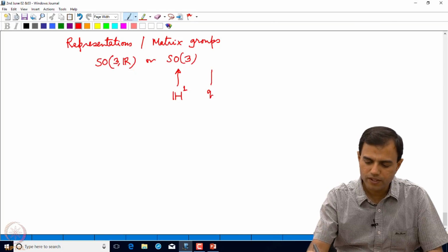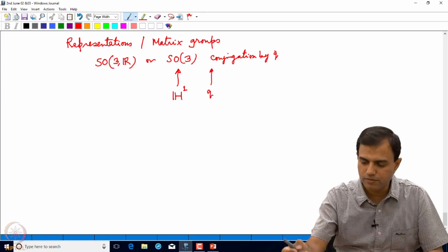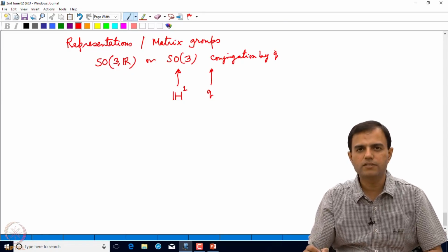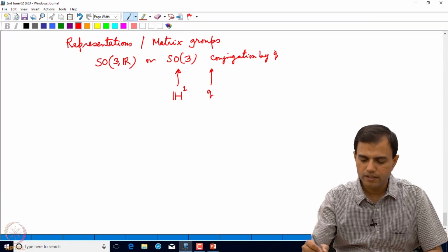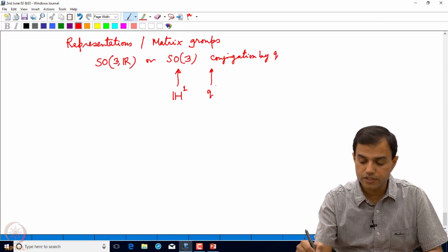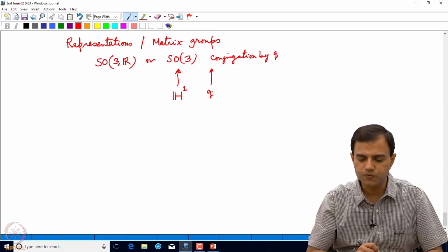Whenever I have a unit quaternion Q, to that I can associate a map, which is conjugation by Q, that is x goes to Q x Q inverse. In understanding rotations, this map is quite useful.